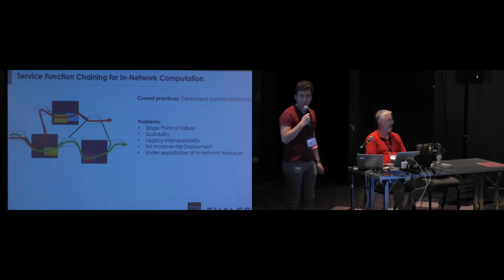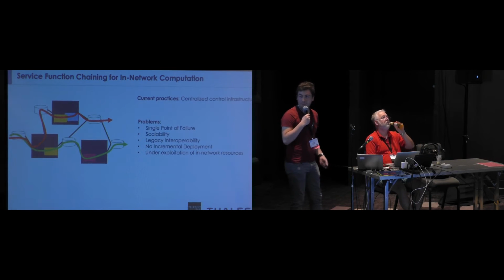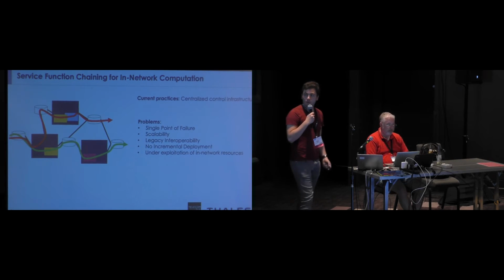It's hardly interoperable with existing networks, and it underexploits the existing protocols running in the network. For instance, the service function chaining problem is mainly a routing problem because you have to route traffic through a set of waypoints before reaching the destination.